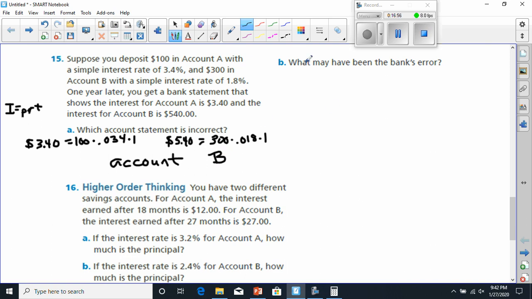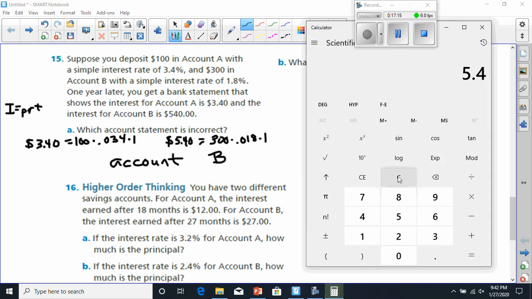And now it says, what may have been the bank's error? Well, look, 540 is very close to the number $5.40. And I'm thinking if they'd never moved that decimal, and they just multiplied by 1.8, let's check that out and see if that could have been it. Let's see, 300 times 1.8. There it is, 540.